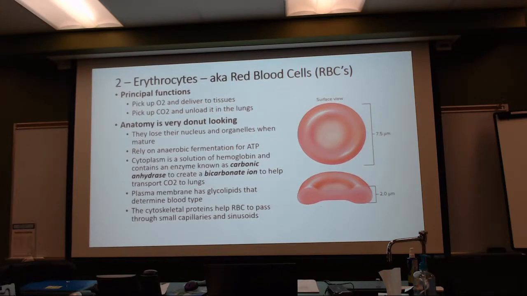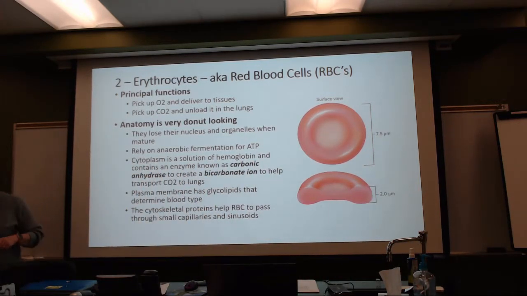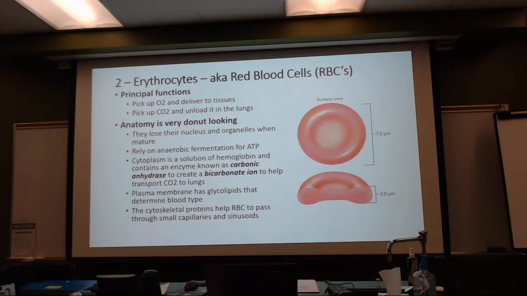The other part about this picking up of the CO2, if you remember, in making ATP, CO2 is the waste product. This is what we have to get rid of because CO2 is toxic to our bodies.